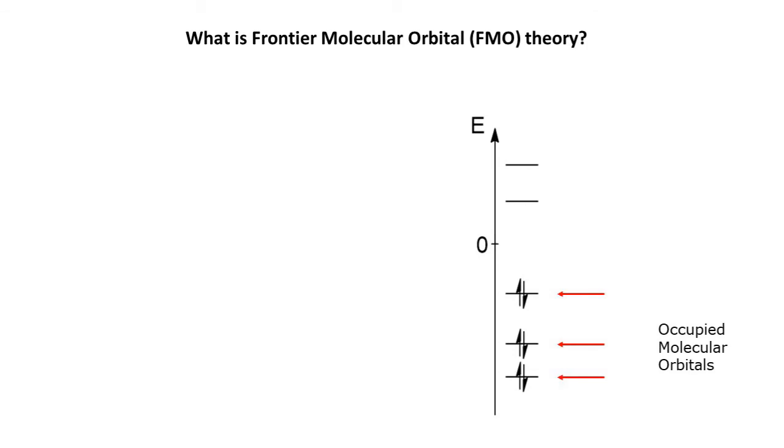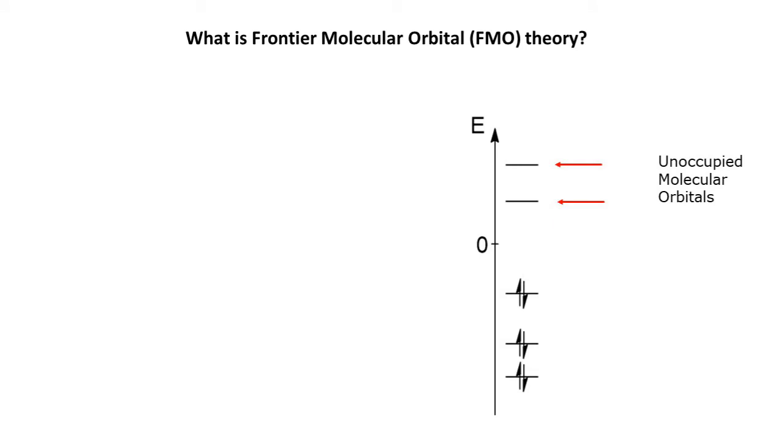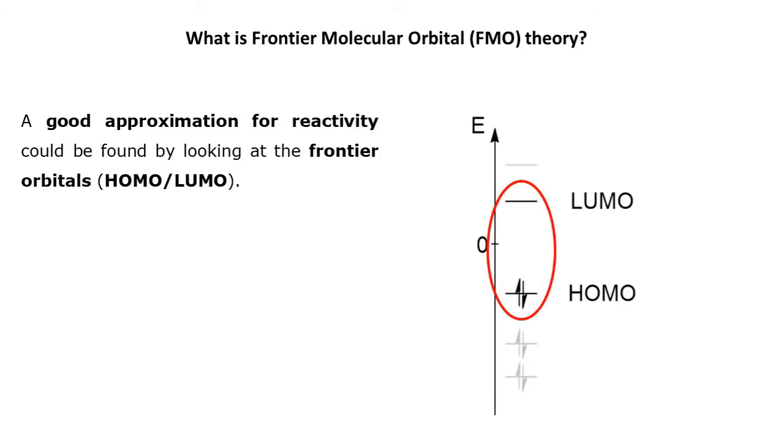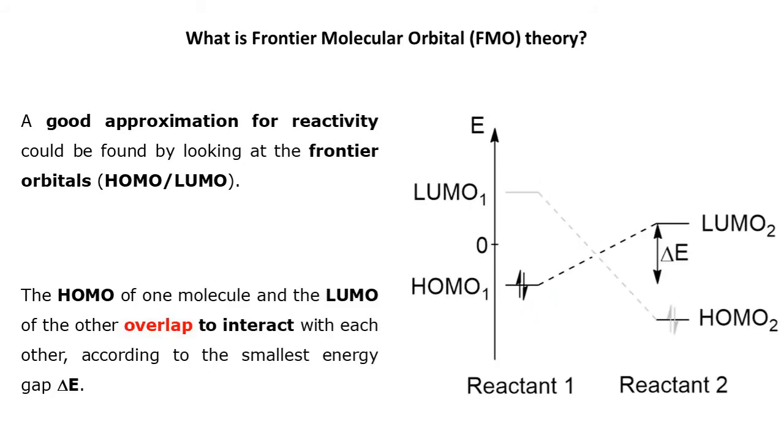The occupied molecular orbitals are populated with pairs of electrons, while the unoccupied molecular orbitals are represented empty. Fukui realized that a good approximation for reactivity could be found by looking only at the frontier orbitals, the HOMO and the LUMO of the reacting species.